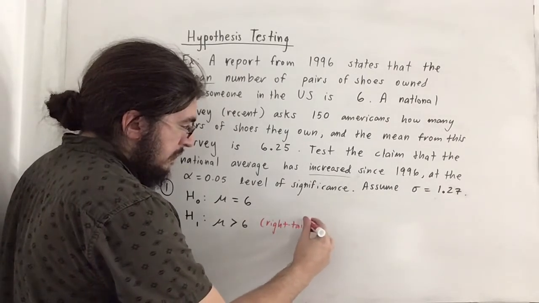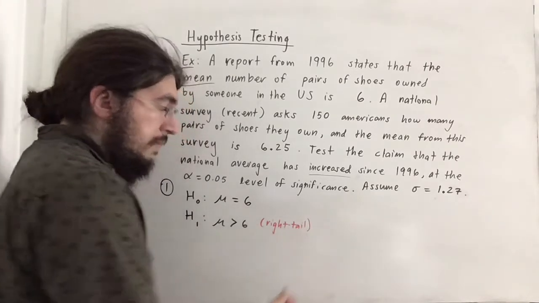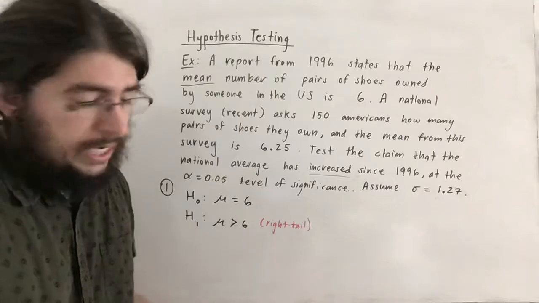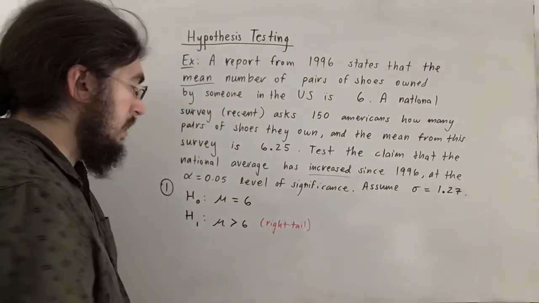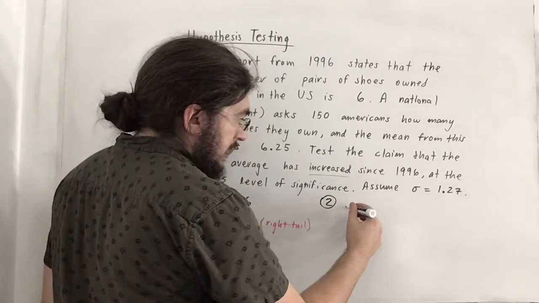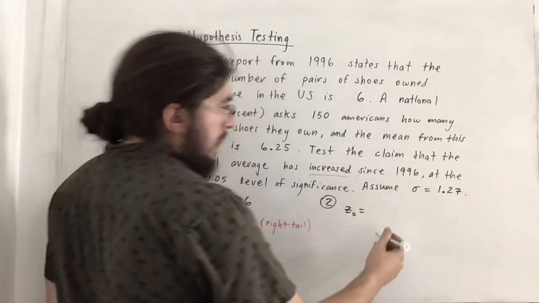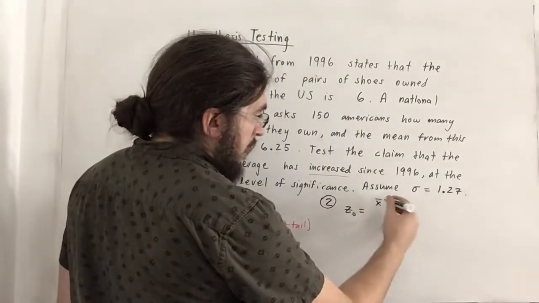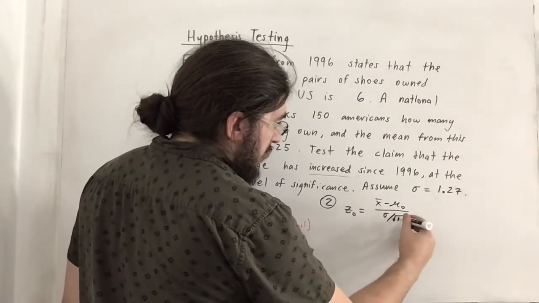Perfect. That'll tell us how to find P, but regardless of how we find P, Z0 is the same no matter what. So let's find our test statistic, Z0. That again is the second step of the process, which is going to be X bar minus mu naught over sigma over radical n.